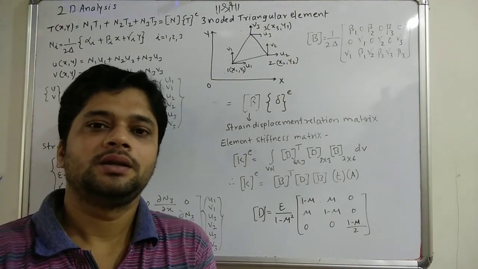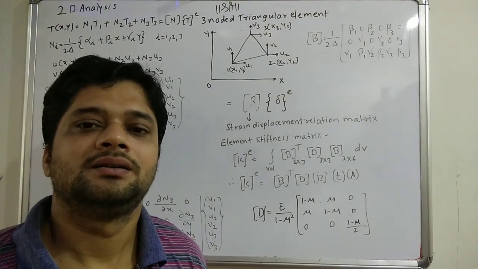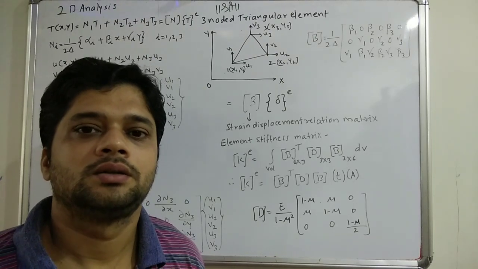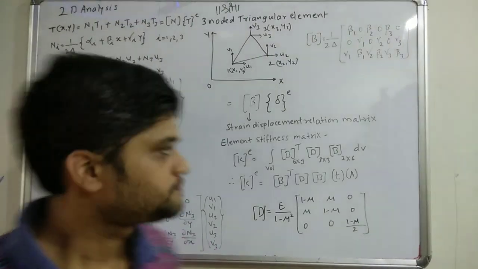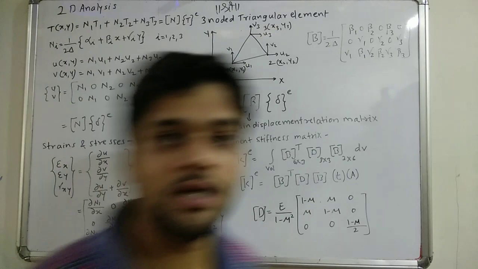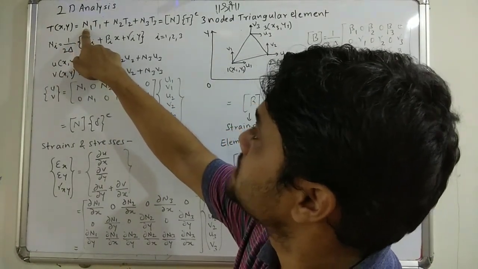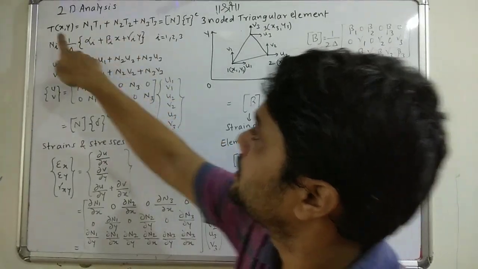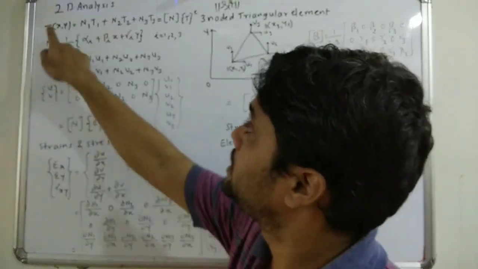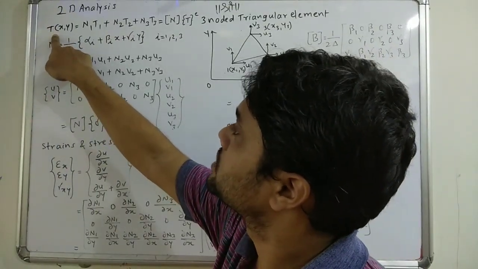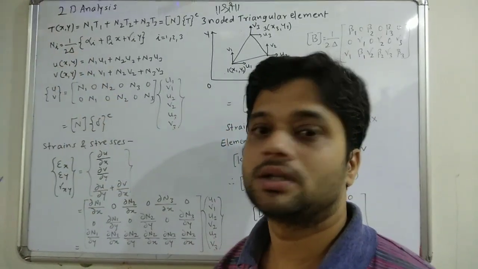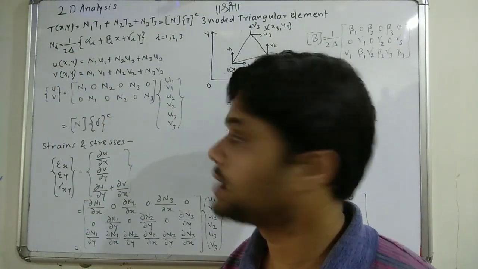So let us look at the strain of the 3-noded triangular element. As we have already seen, we have found out the values of these shape functions N1, N2, N3, and that's what I was talking about, the interpolation function when we consider the thermal field for the 3-noded triangular element.